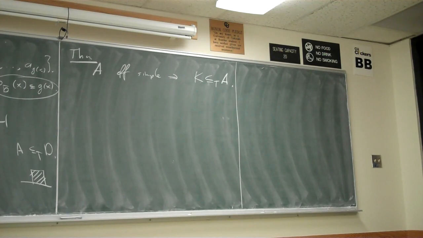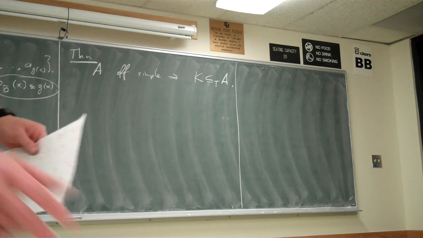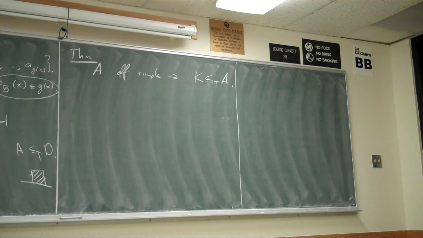Right? Hypersimple sets, if there are intermediate degrees, then there are intermediate hypersimple sets, but effectively simple ones won't happen at all. It's a pretty nice construction to do this.